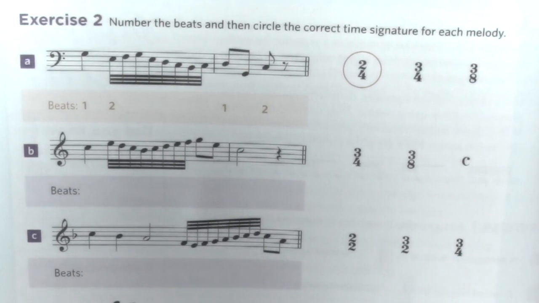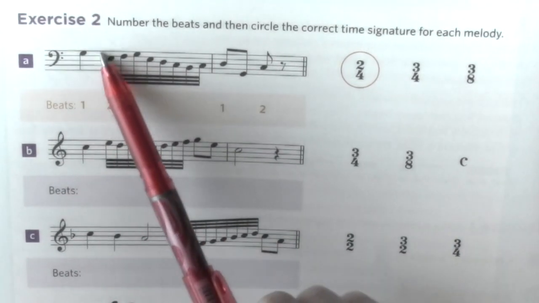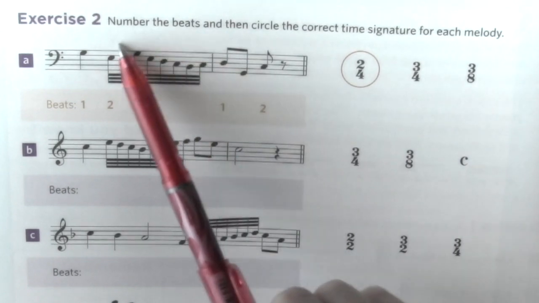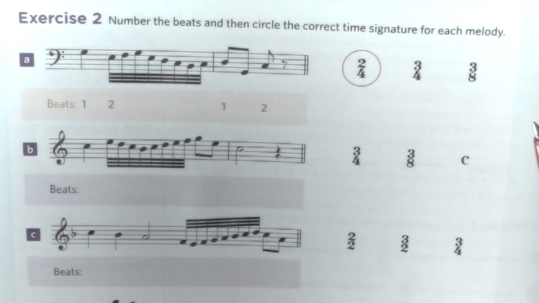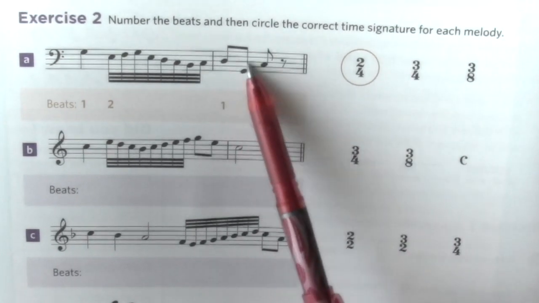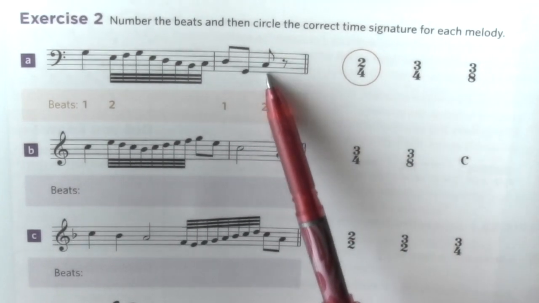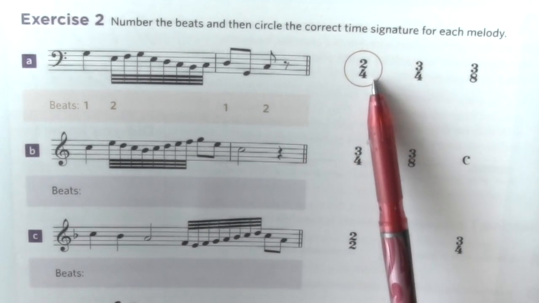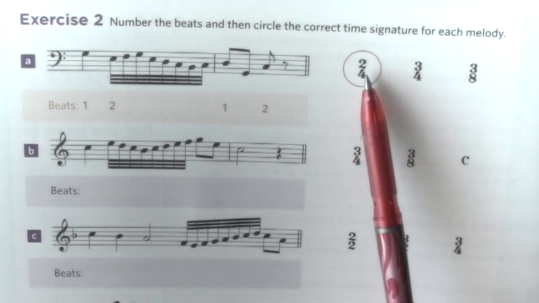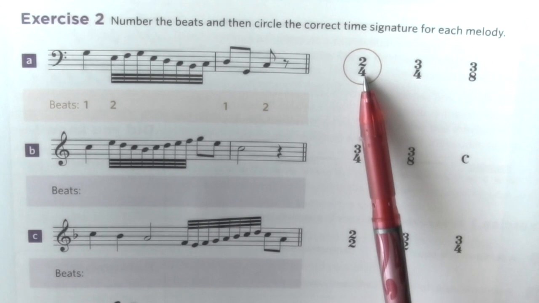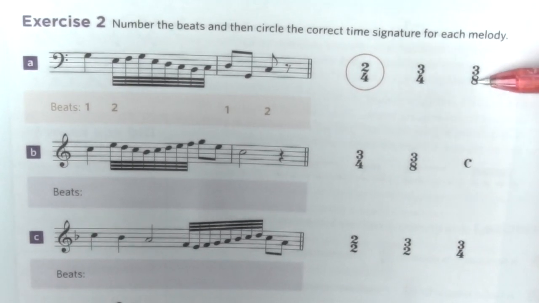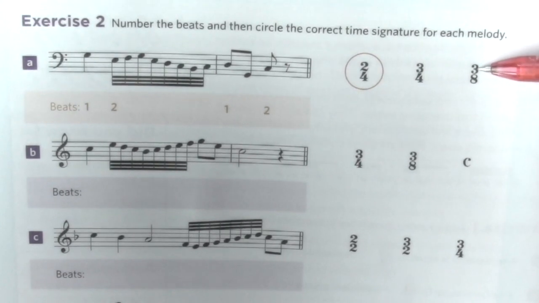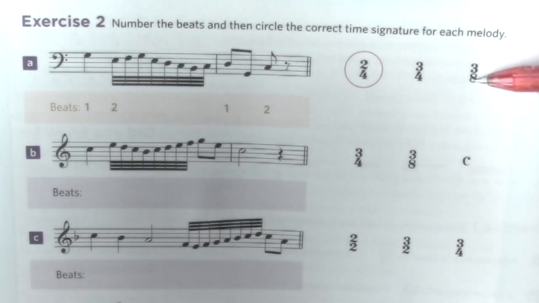So, here we have 1 and 2 groups of things. Therefore, it is very likely that we have 2 movements. And here you see 1 and 2. That is confirmed. So we are in 2/4, 2 crotchet beats in a bar. 3/8 can't be because it means 3 quavers in a bar.